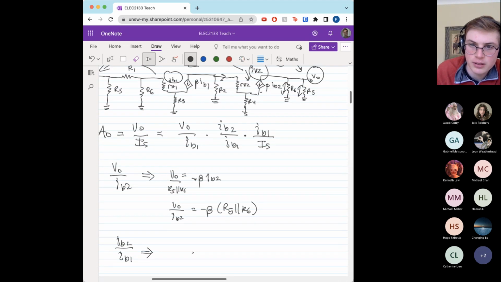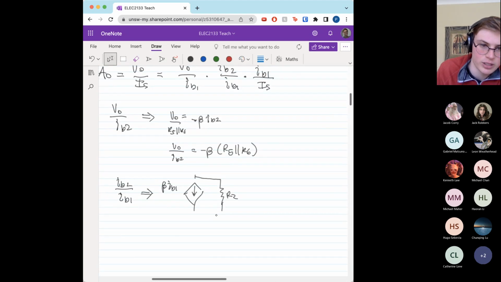So we have our, actually, let's just stop here, right? Essentially, you've got to go from IB2, which is here, back to somewhere that you see IB1. So we've got a current in terms of IB1 here. So let's stop there in our circuit analysis. We don't really care what happens beyond here.